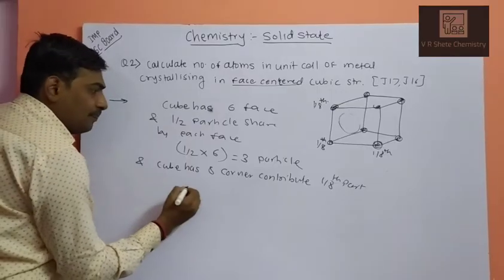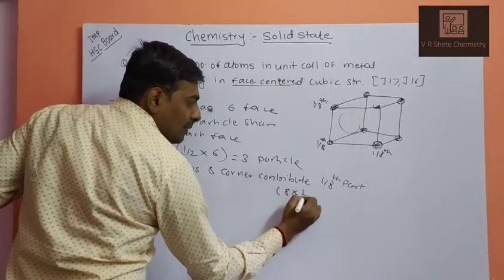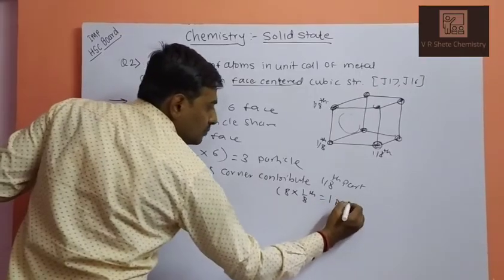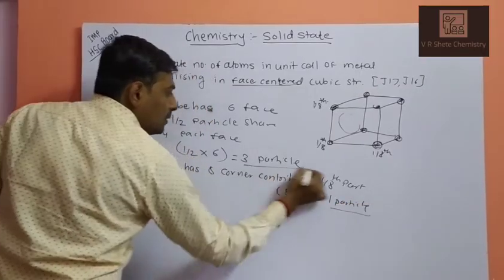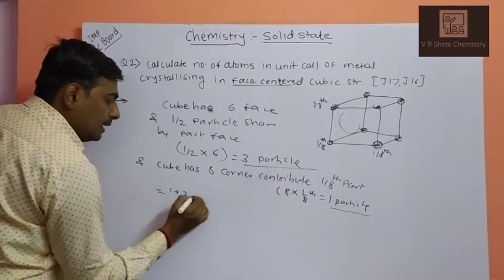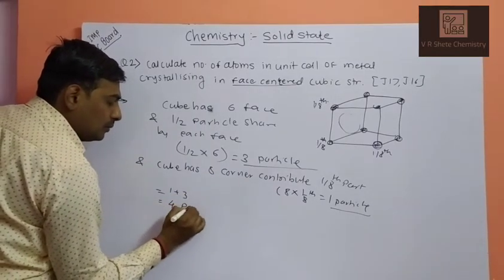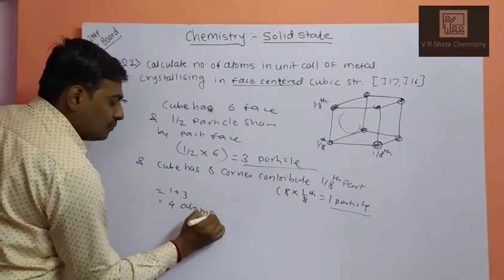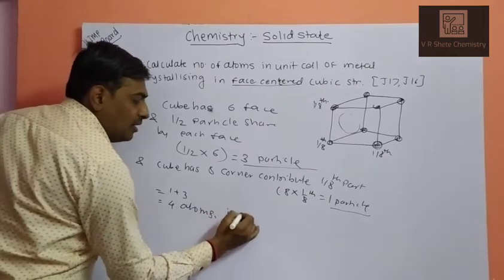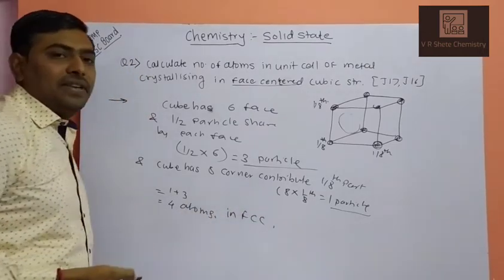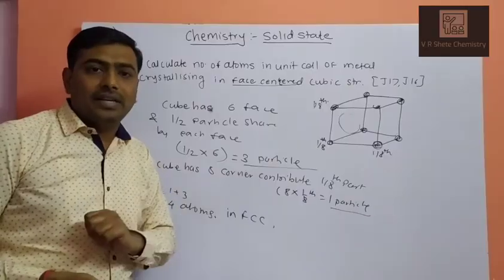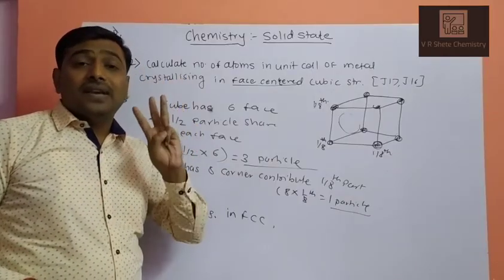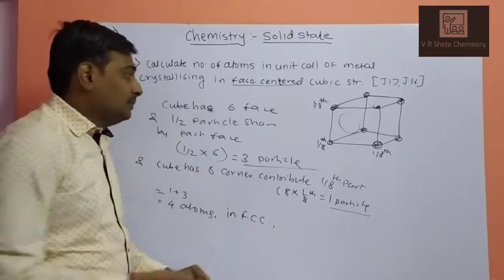So 8 corners multiplied by 1/8 part, you will get 1 particle. And 1 plus 3, you will get 4 particles or 4 atoms in a face centered cube. How many atoms in a face centered cube? 4 atoms. In simple cubic 1, in body center 2, and in face center there are 4 atoms.